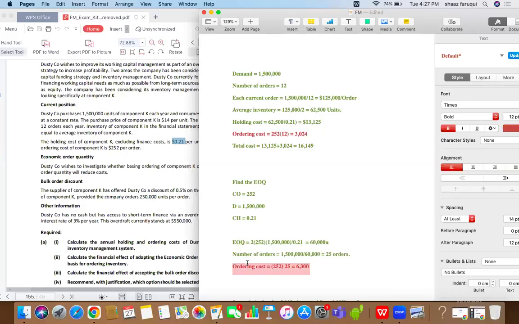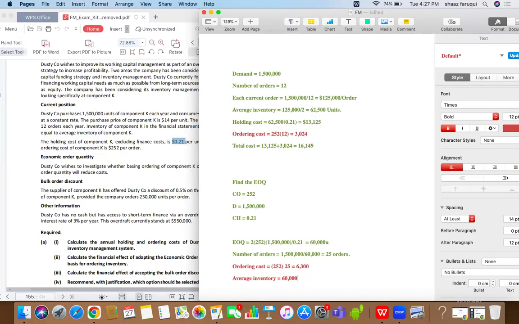but the holding cost will go down because last time we were holding an average of 62,500 units. But this time the average inventory is only 30,000. We are ordering 60,000 at a time. So it will be 60,000, then 0.